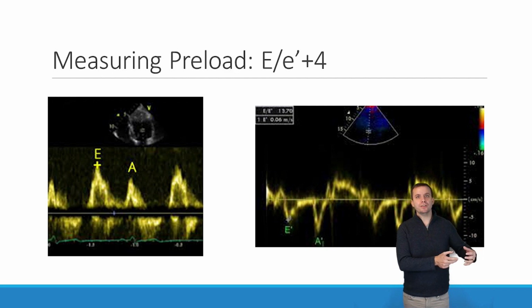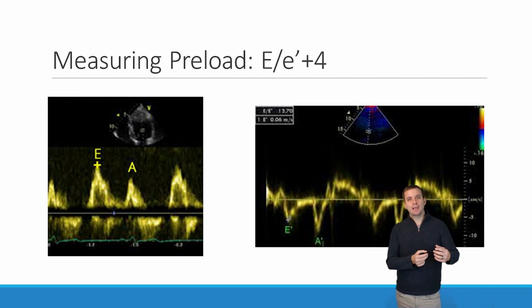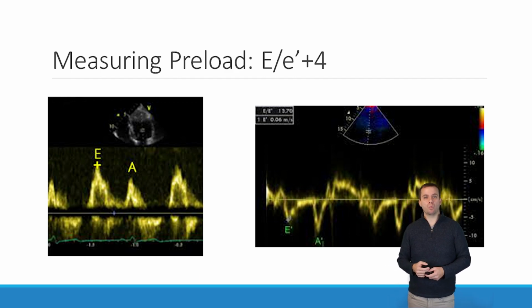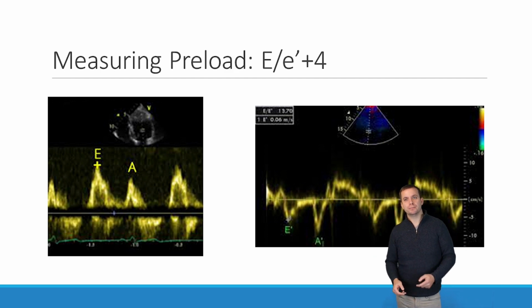On the left side, you want to do it at the mitral annulus, or the base of the mitral valve. You can do the septal side or the lateral side. Then you take your E velocity and divide it by your E prime velocity, add 4, and that's a good estimation of someone's wedge pressure or their LVEDP.